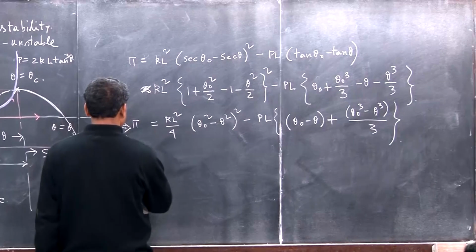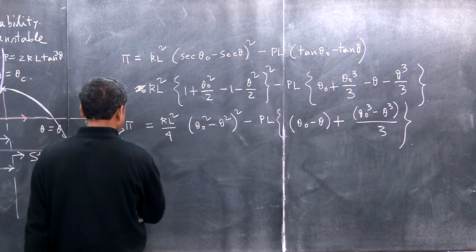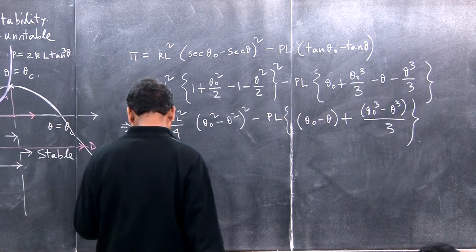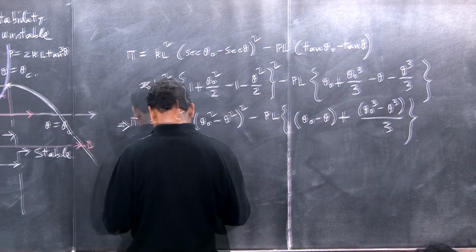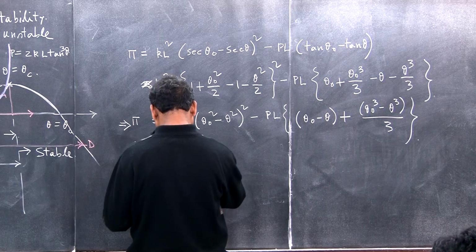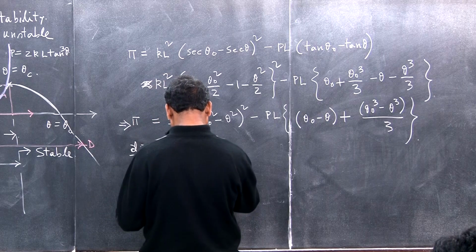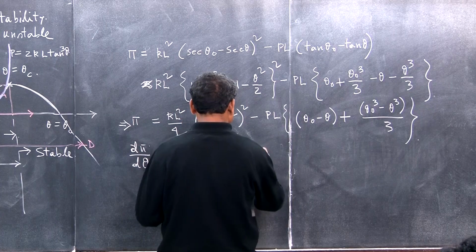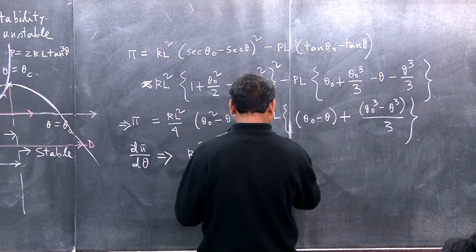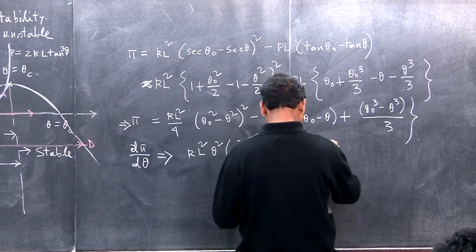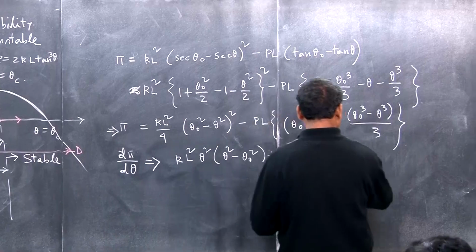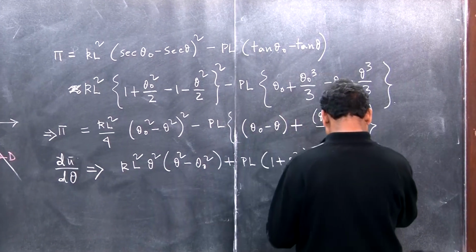Then d Pi by d theta will be equal to 0. d Pi by d theta will be nothing but, I am writing the simplified expression, k L square theta (theta square minus theta 0 square) plus P L (1 plus theta square), which must be equal to 0, and this will give the equilibrium path.